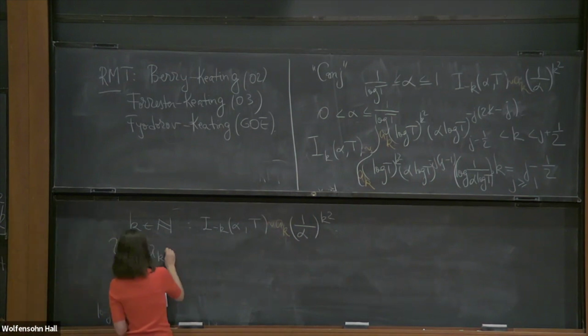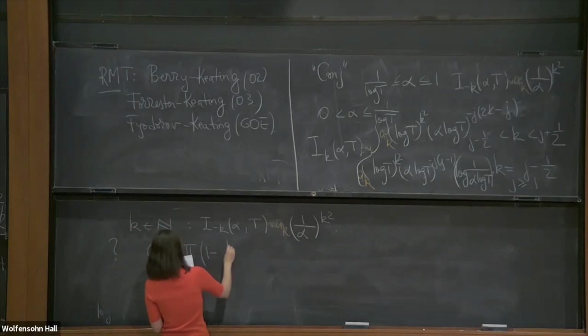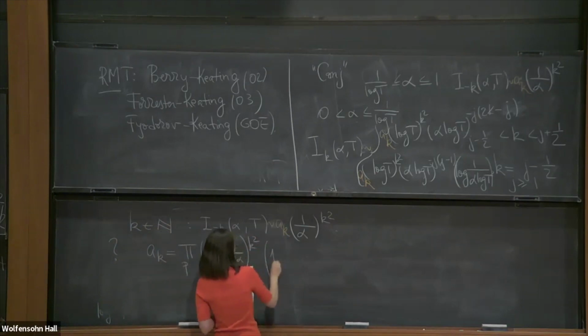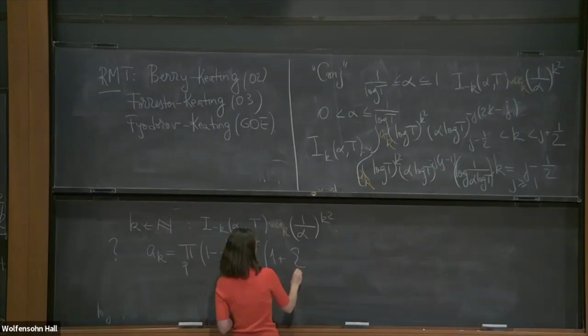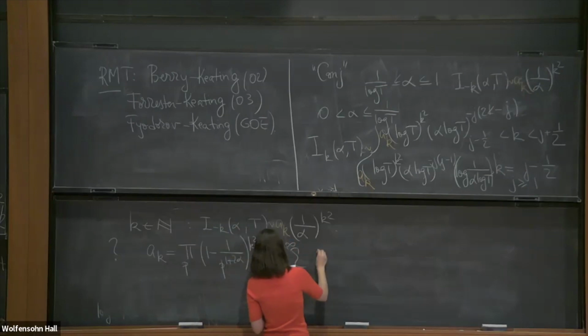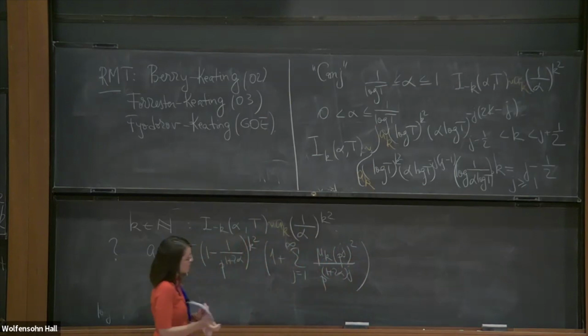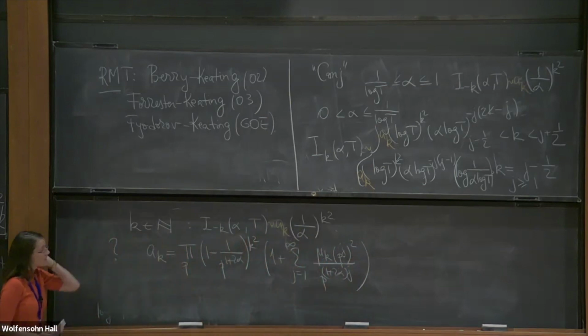So A_k will be the product over primes of (1 - 1/p^(1+2 alpha))^(k squared), times (1 + a sum with j from 1 to infinity of mu_k(p^j) squared over p^((1+2 alpha) j)). So here mu_k are the coefficients of zeta to the minus k.